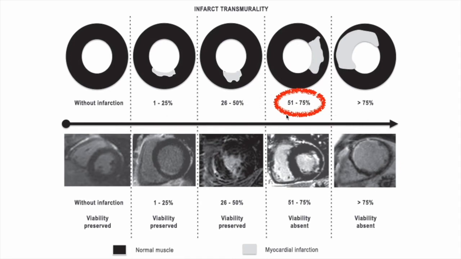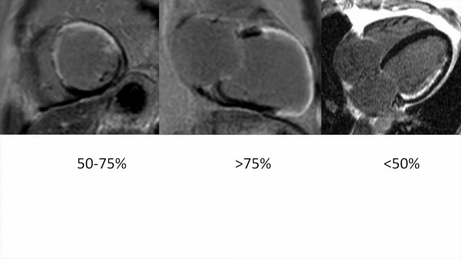The in-between ones, where there is 50 to 75% transmurality of infarction, we look at the wall motion. If there is hypokinesis, then we call these viable hibernating segments. If there is akinesis, then we call these non-viable segments.